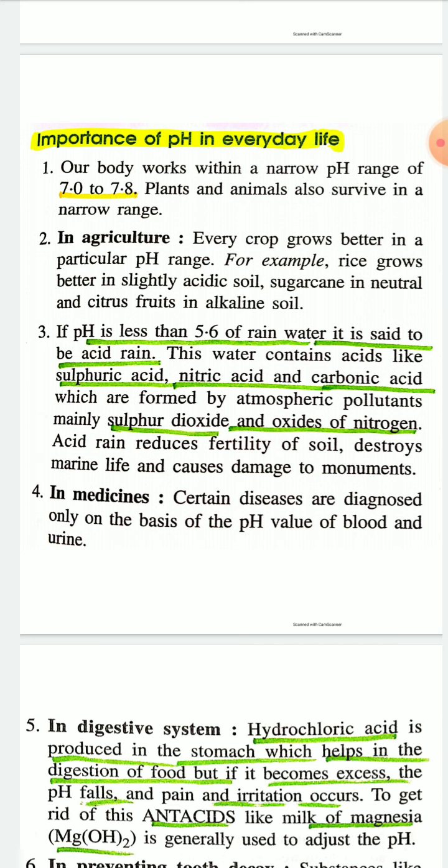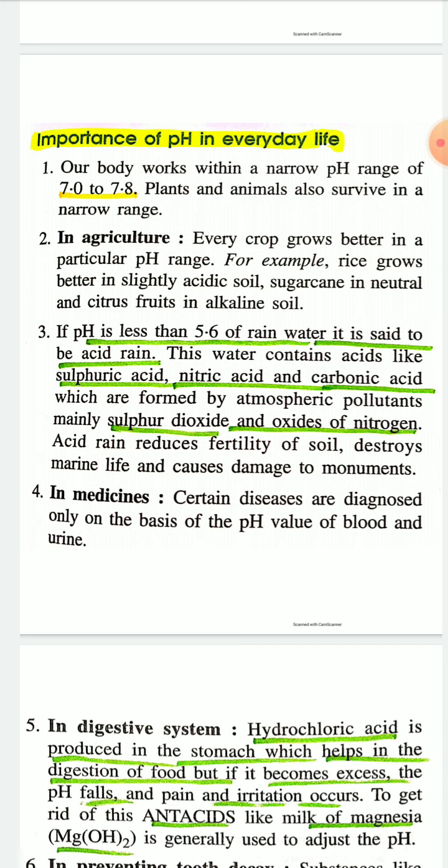So in agriculture, pH has an important role because different crops grow in different types of soil: some crops grow in acidic soil, some in neutral soil, and some in alkaline soil.